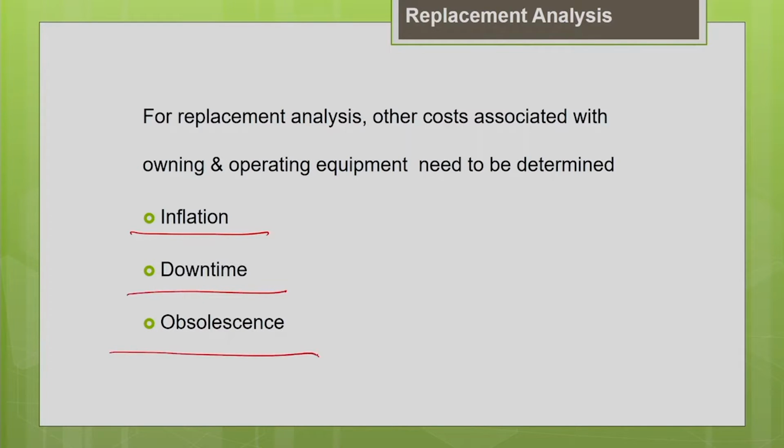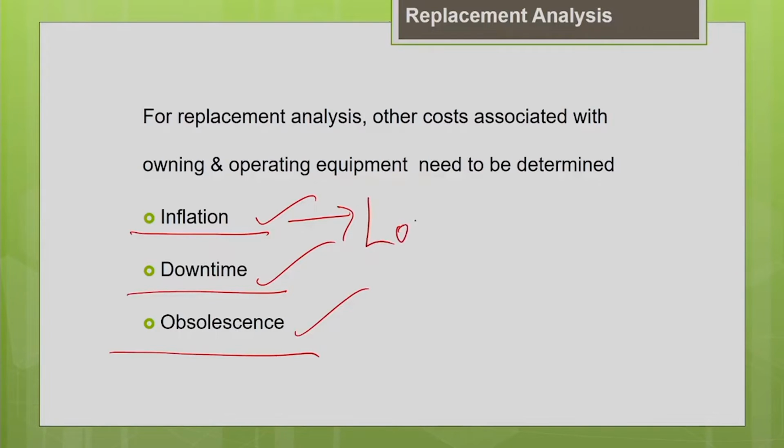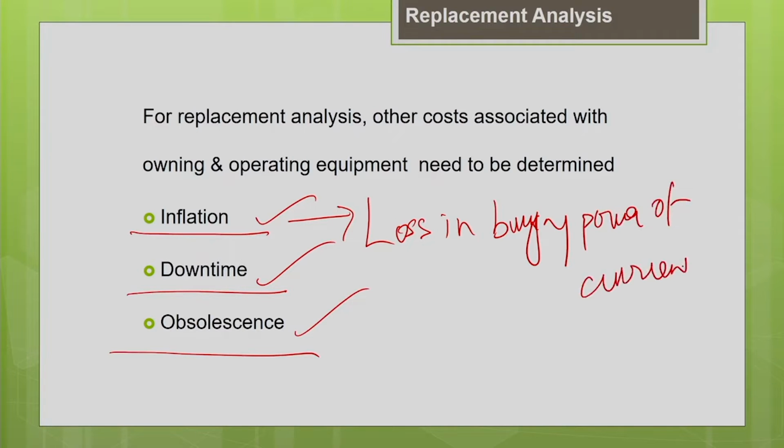One is the inflation cost, another is the downtime, and another is the obsolescence cost. Inflation, everyone knows, is nothing but the loss in the buying power of your currency. For example, if I purchased a machine for 10 lakh rupees 5 years before, I cannot purchase the same machine at 10 lakh now.